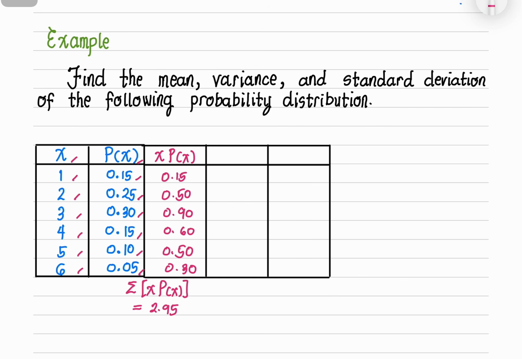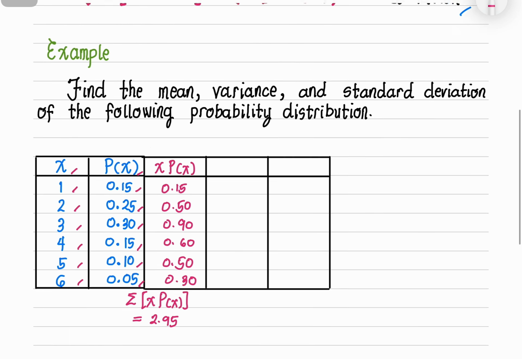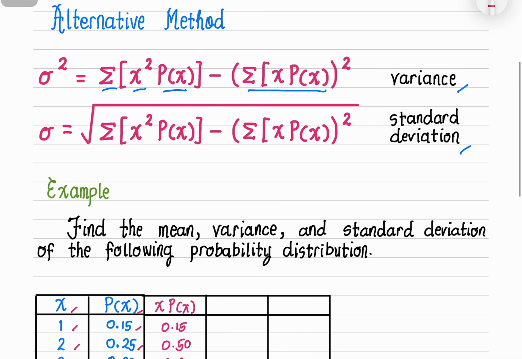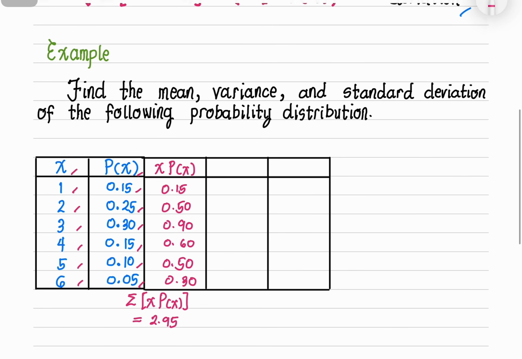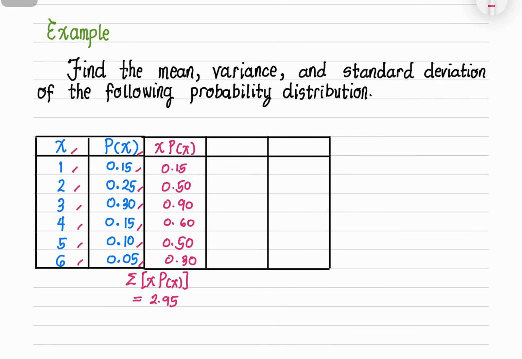Okay? And then, for the next column, since sa formula natin we have x squared, right? Okay. So guys, ito yon. So, ibig sabihin, class, yung x natin, yung random variable x natin, we need to square it. So, x squared. So, 1 times 1, that is equal to 1.